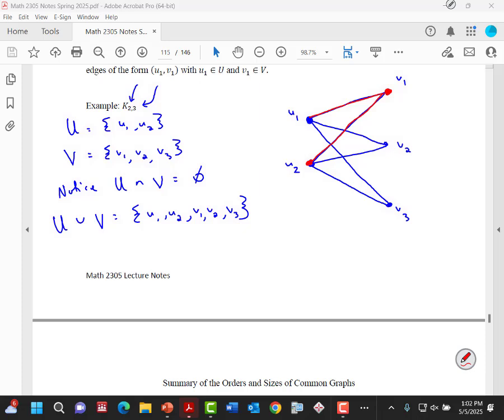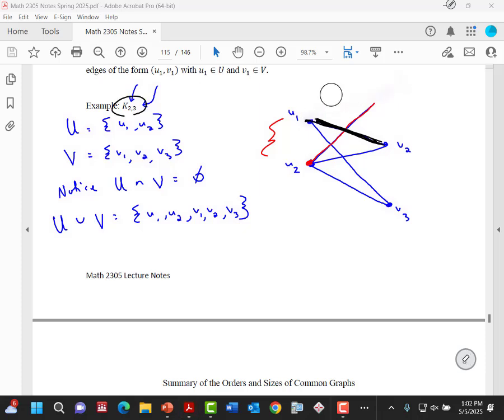So in essence, I can't get from U1 to U2 without first visiting a vertex in the V set. The same is true for vertices over here. In the V set, I can't get from V1 to V2 unless I travel to one of the U's in the U set, like so. And so we would call this K sub 2, 3.